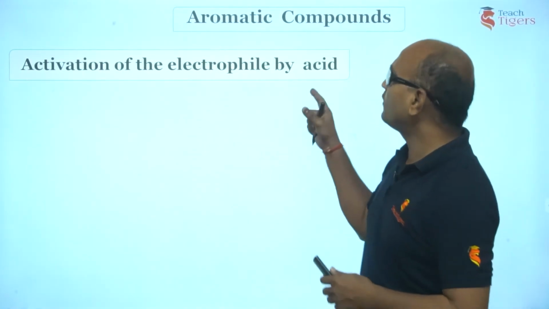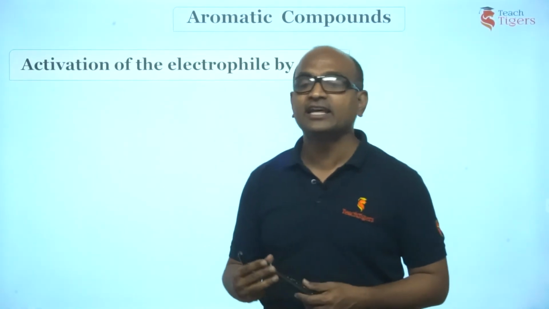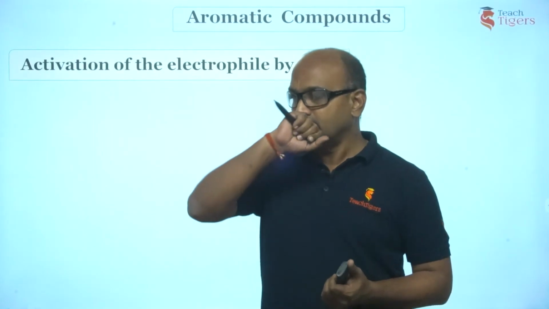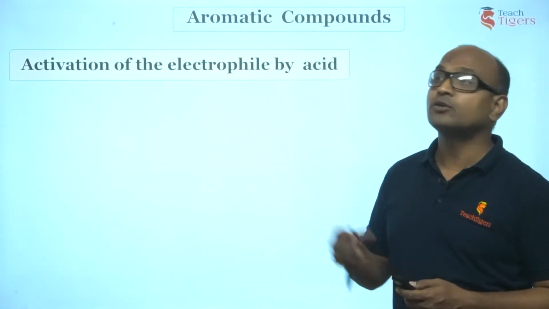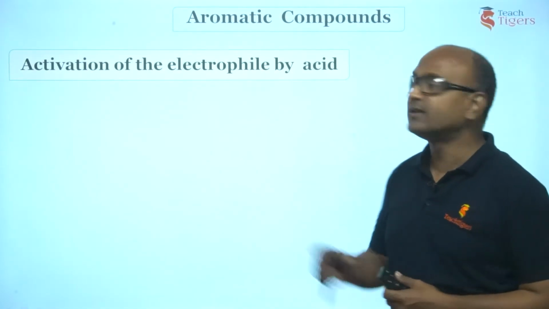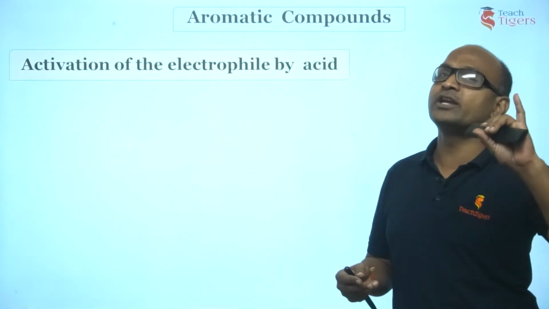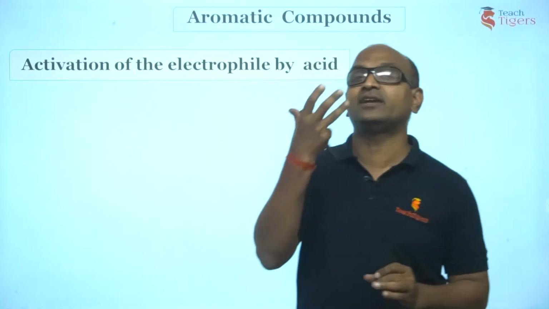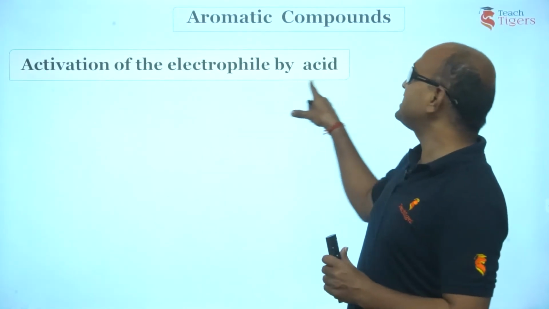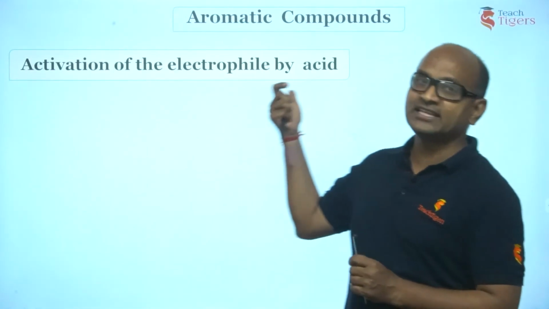Guys, the role of this acid H2SO4 is to activate the electrophile. HNO3 undergoes protonation, right? Who protonates it? Sulfuric acid, and hence you will get NO2 plus. So unlike in chlorination and bromination, in which I have used Lewis acid to activate the electrophile, in this reaction the electrophile gets activated by the acid.